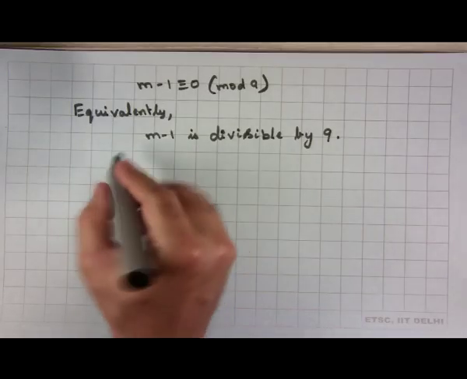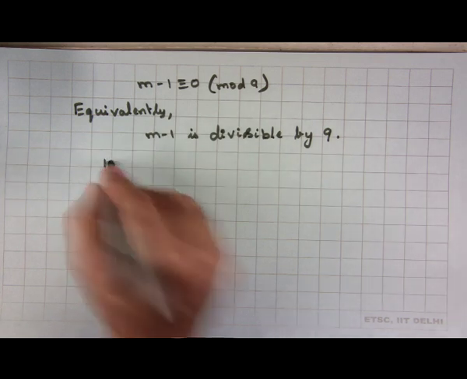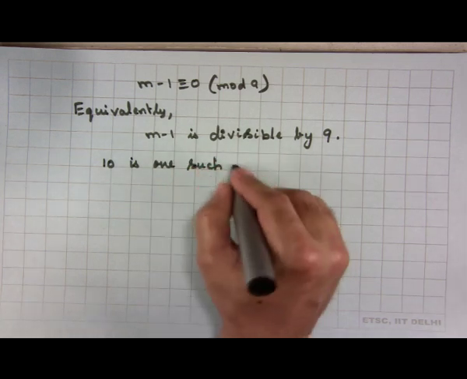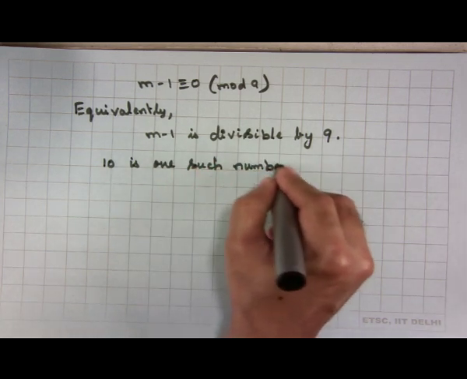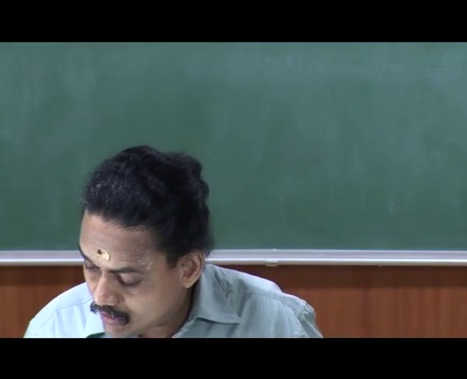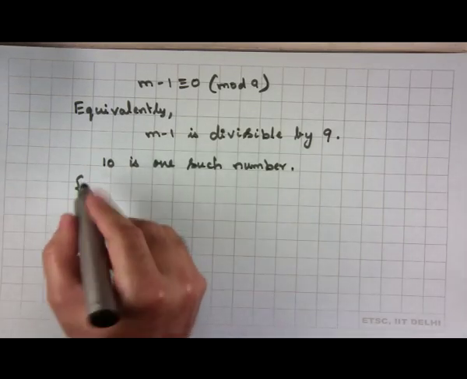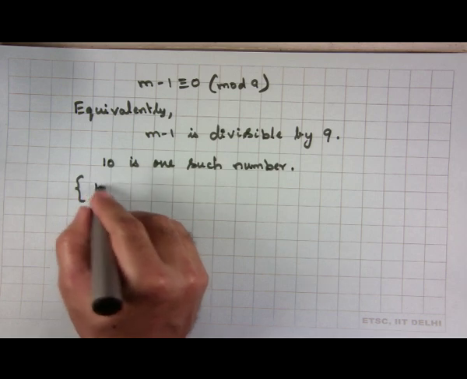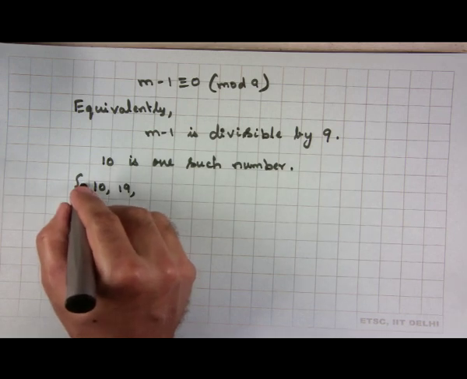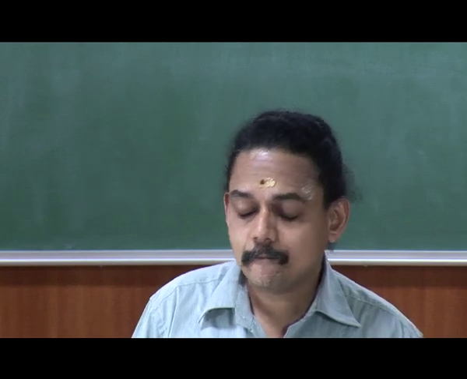For example, let us look at 10. 10 is one such number. In fact, 10 minus 1 is divisible by 9. Now, by this it is more or less clear what those numbers are. In fact, let us start with 1, because 1 minus 1 which is 0, and 0 is divisible by 9.